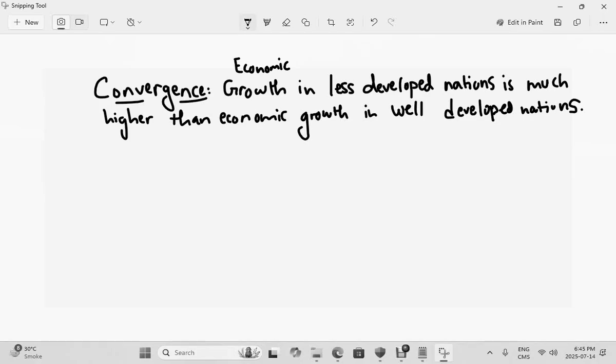So this is convergence. Economic growth in less developed nations is much higher than economic growth in well-developed nations.